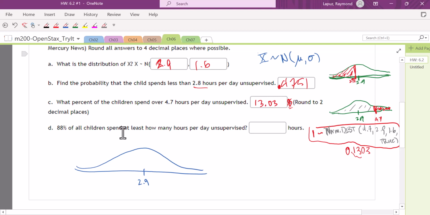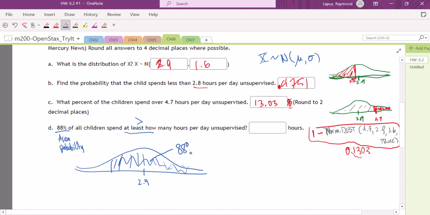So at least is kind of looking at the bigger than sign. So I think they want us to figure out the 88% of an area. So this is the area or probability that we're given. We're not looking for it, it's actually given. So the shaded area here is going to be 88%, or 0.88.